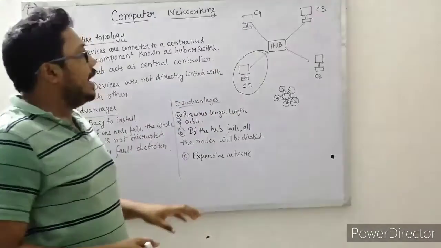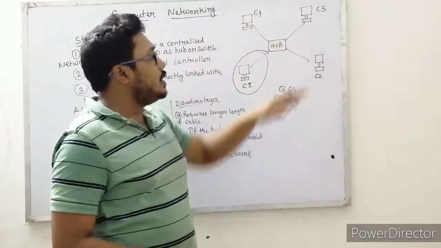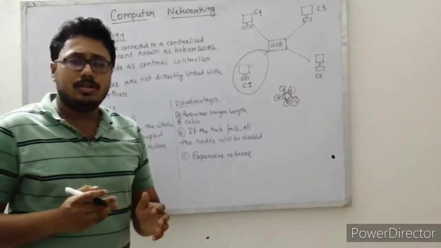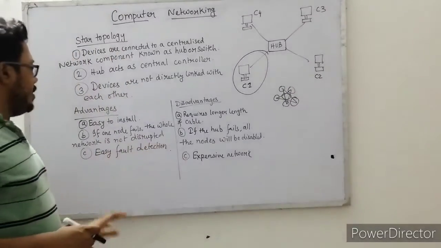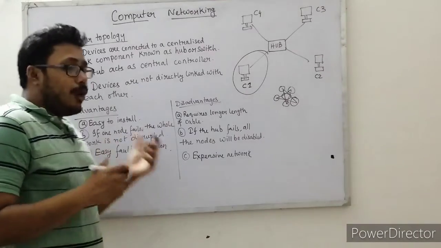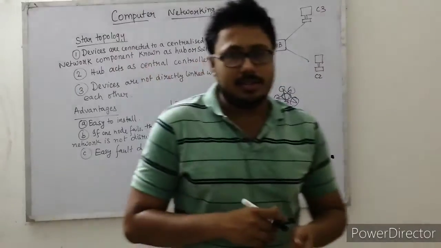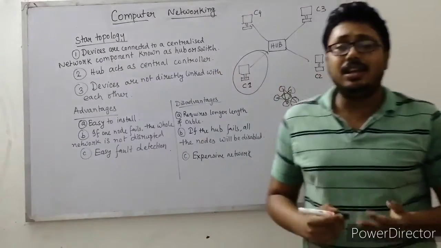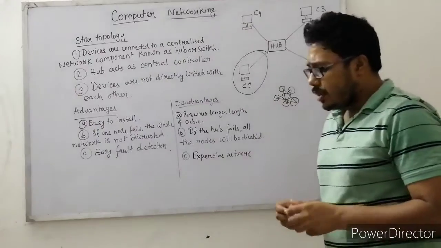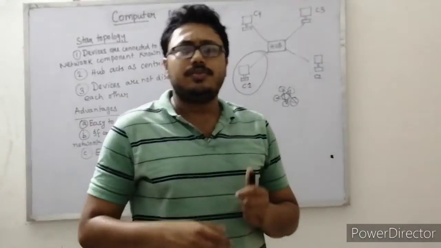It will not create any problem to C4, C3 and C2. So it is one of the advantages that if one node fails, the whole network will not be disrupted. And the next one is that fault detection is very easy. You can easily detect what the fault in your network is.